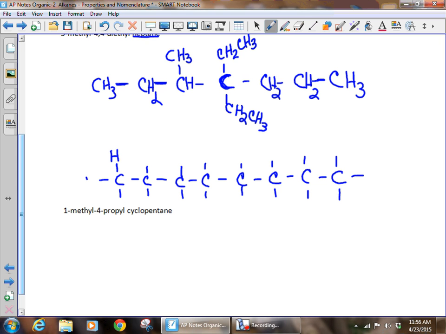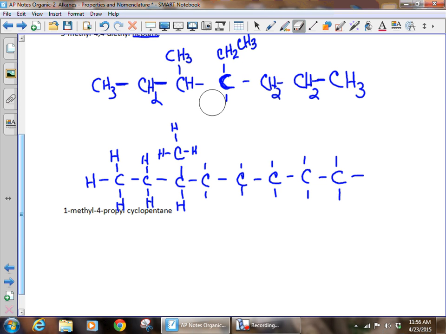This first carbon has all hydrogens. So does the second one. This carbon has a hydrogen, but it also has a carbon attached to it with its hydrogens. Now this one's going to be a challenge. In fact, I think I'm going to erase part of this one so I can try to get it in.